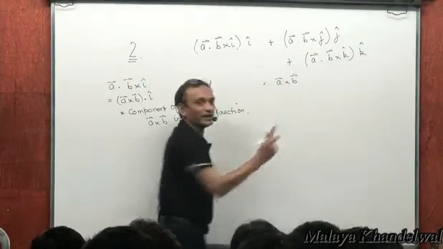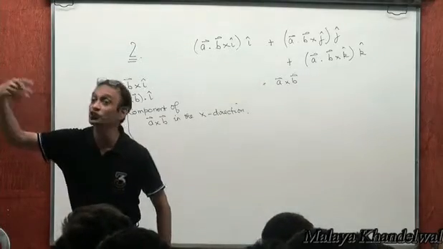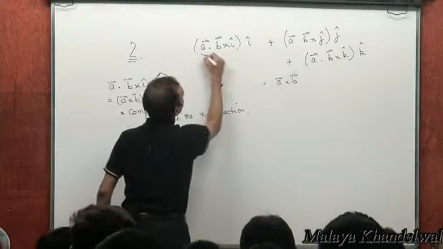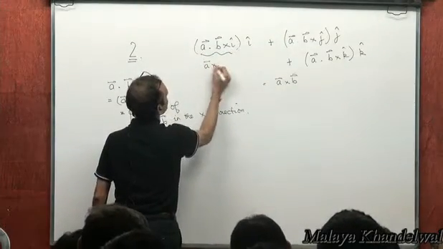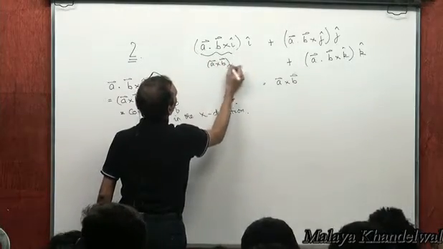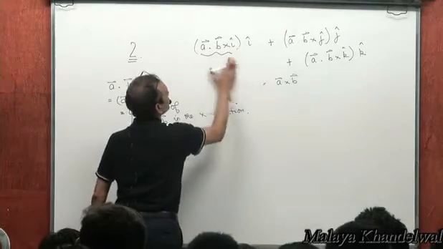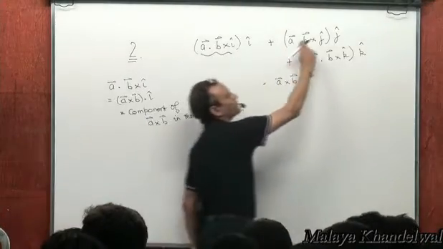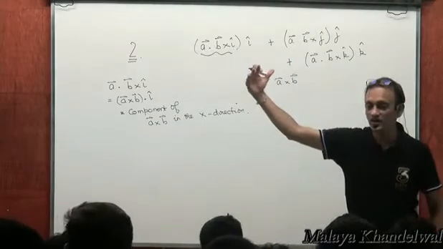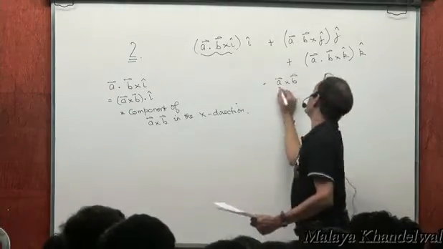The vector A cross B is its component in the x direction, i cap, plus its component in the y direction, j cap, plus its component in the z direction, k cap, yes or no? Loosely speaking, each is a number. So this must be simply A cross B.